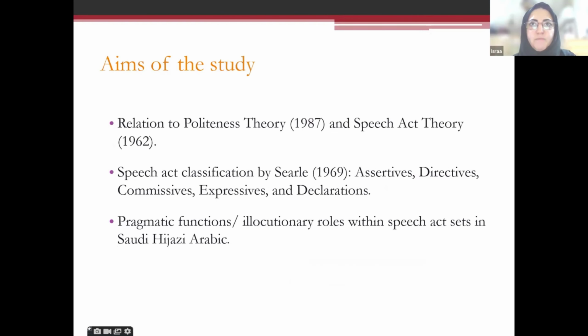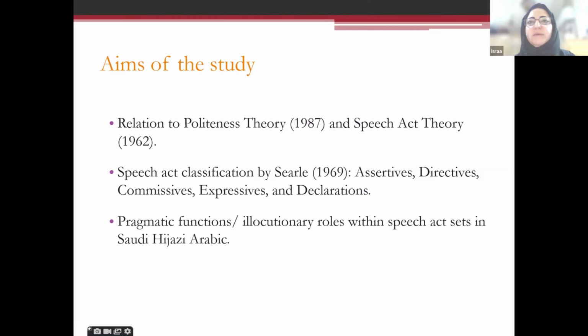Aims of the study. This study draws its theoretical background from politeness theory and speech act theory. It aims to determine whether these prayers are used in some or all of the speech act types that were created by Searle in 1969. These are classified as assertives, for example, statements, claims, reporting on something.